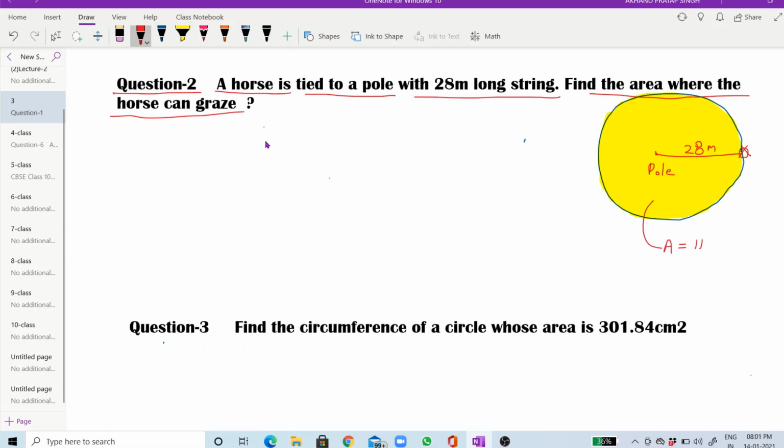The area is equal to pi r square. So what is given in the question? The length of the string is equal to the radius of the area which the horse can graze.